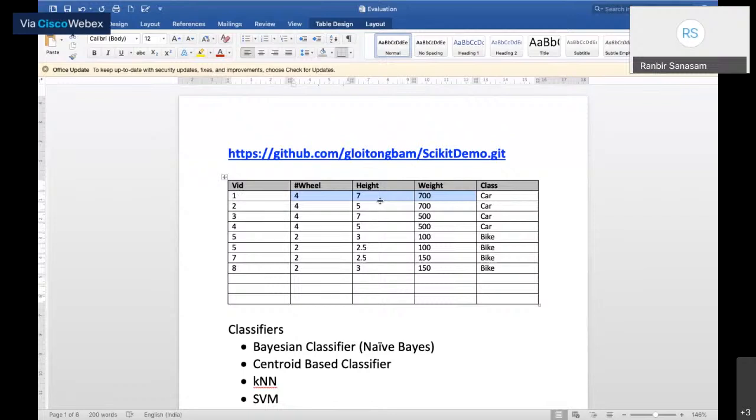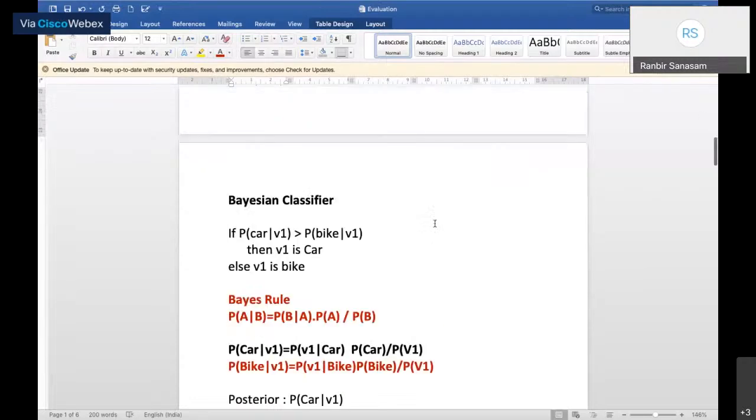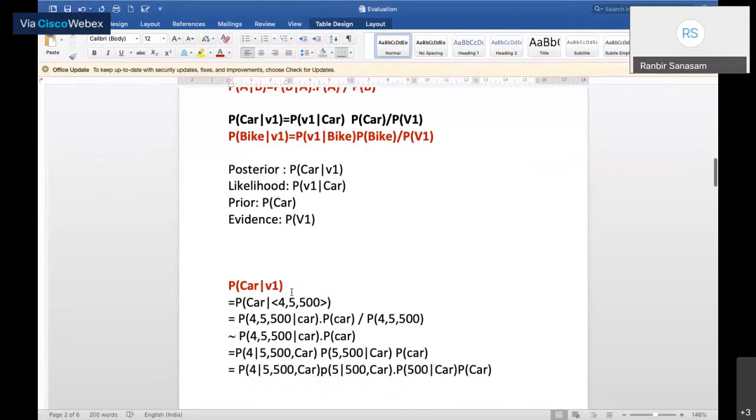My examples are a little different, so let me take vehicle number 4: 4, 5, 500. So vehicle number 4 is the vector 4, 5, 500.